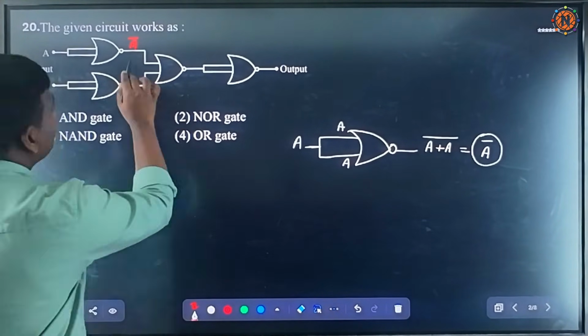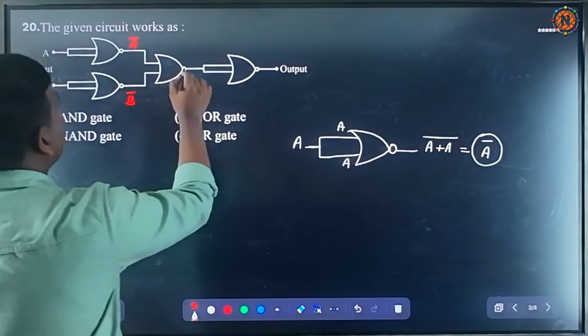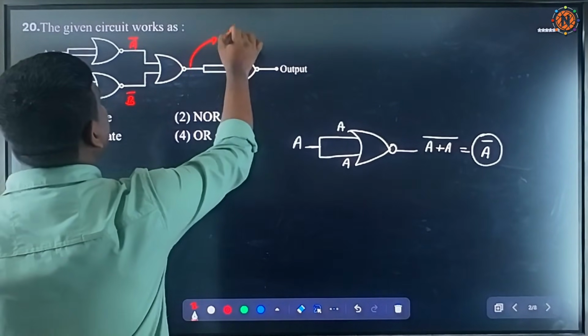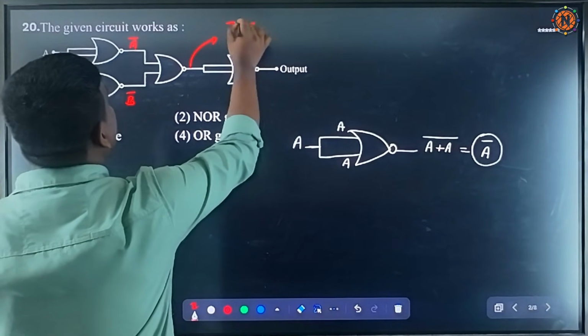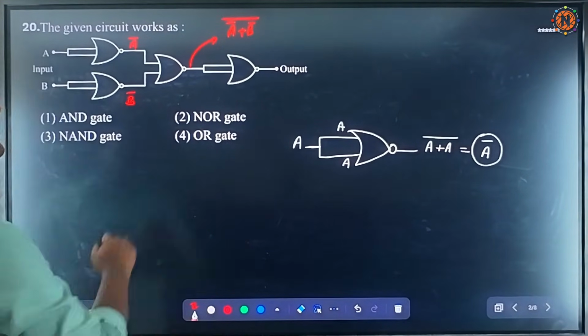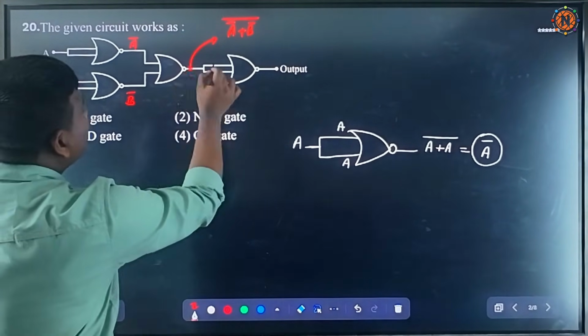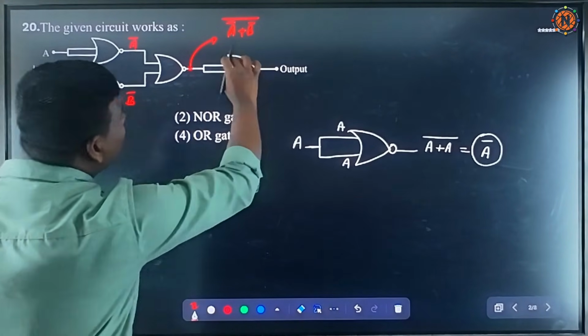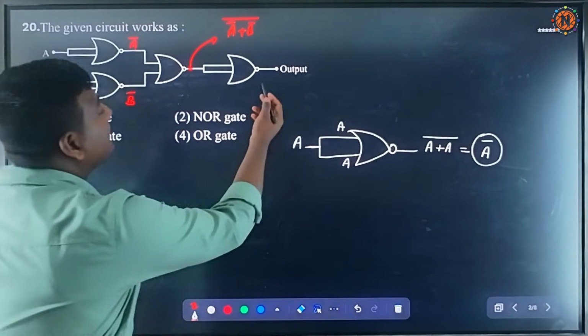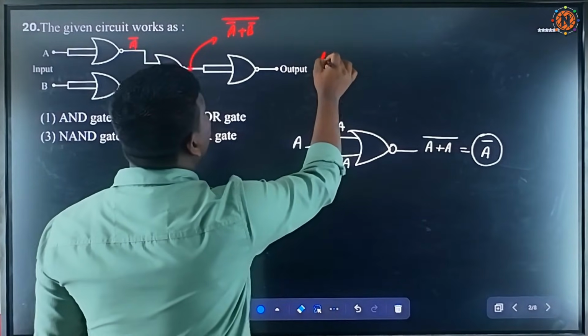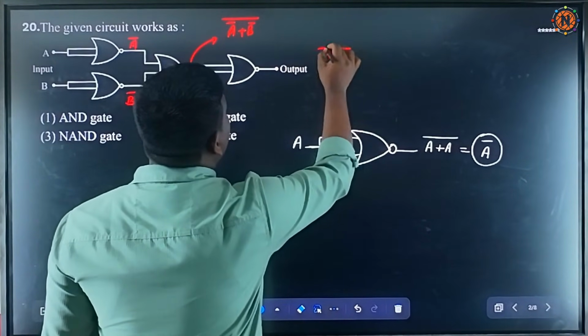Again there is a NOR gate. So what will be the output at this point? This will be (A bar plus B bar) whole bar, since this input is given to both inputs of a NOR gate and we get an inverted output. And we need to take the inverse, so the bars will cancel and this will be A bar plus B bar.